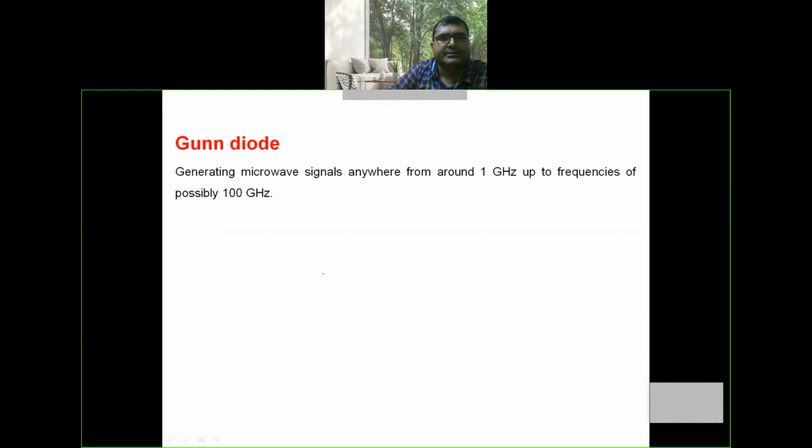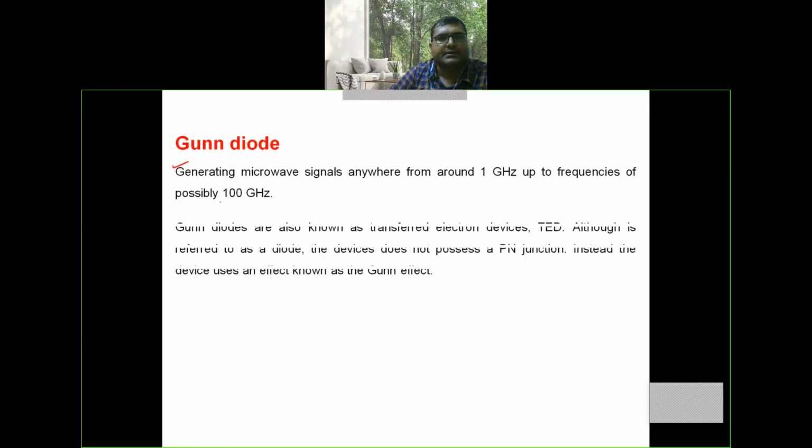Gunn diode, generating microwave signals anywhere from around 1 gigahertz up to a frequency of possibly around 100 gigahertz. Gunn diodes are also known as transferred electron devices. Although it is referred to as a diode, the device does not possess a p-n junction.